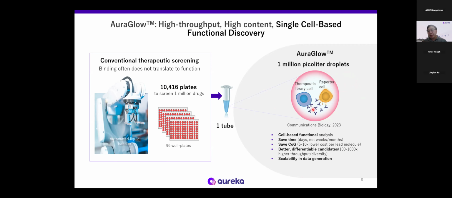You can then use this to screen out whichever library is really responsive and triggers the mechanism of action that you want in the reporter cells of interest.